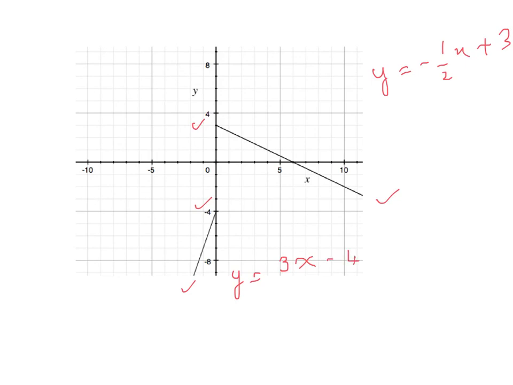So if I have to write the function, I will write it as 3x minus 4 for negative 2 less than or equal to x less than or equal to 0, and negative half x plus 3 for 0 less than or equal to x less than or equal to 11. I hope you understand this.